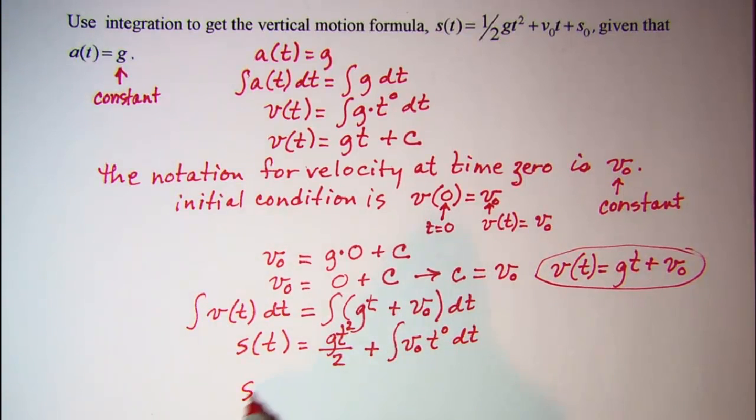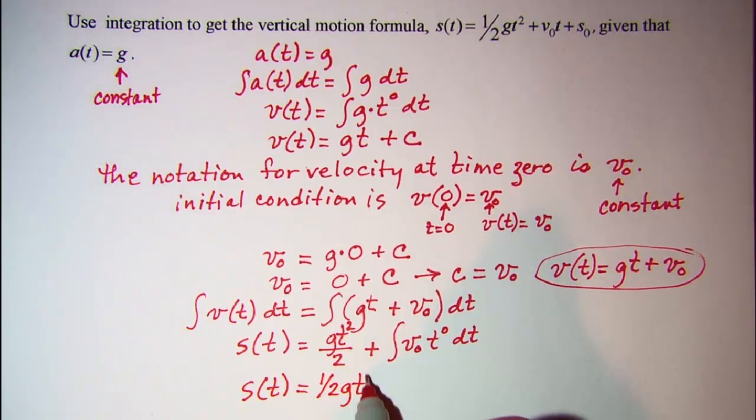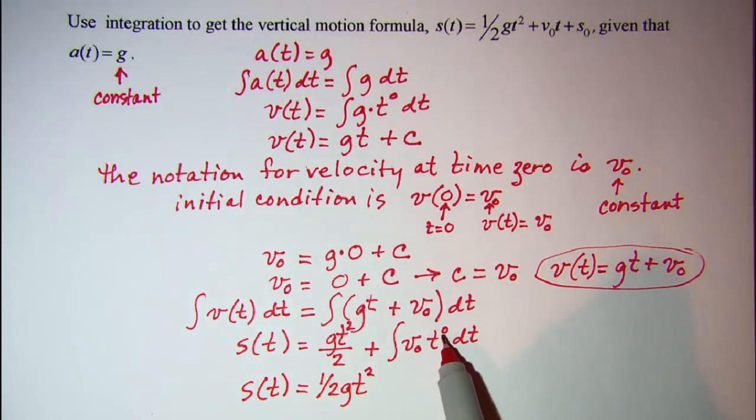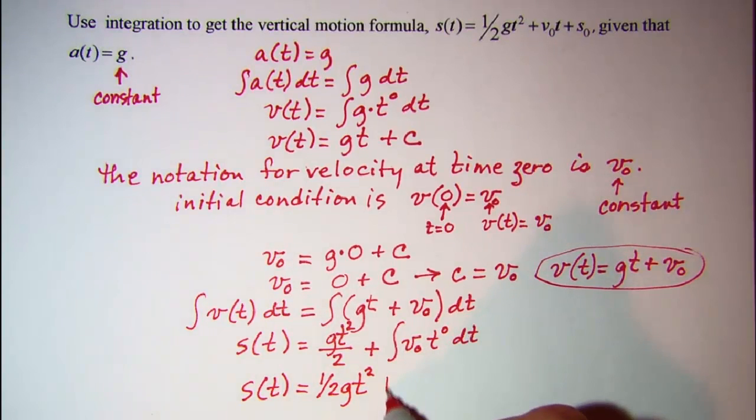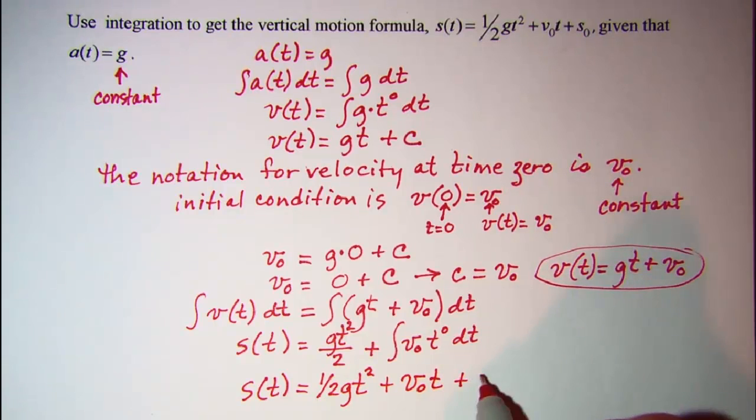So s of t is, I'm going to write this as 1/2 gt squared, and the new exponent here is 1, so it's v sub 0 t, and then plus our arbitrary constant.